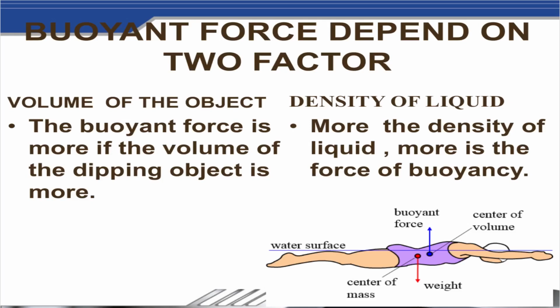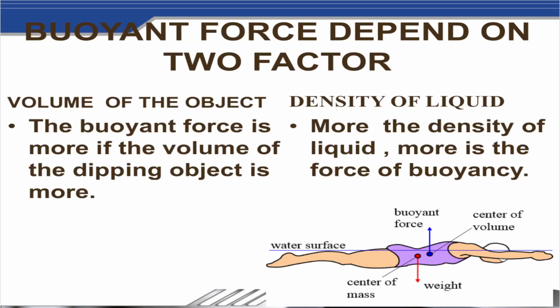So buoyant force is proportional to the density of the liquid. Hence, when the lemon is immersed in the water containing salt, the magnitude of the buoyant force acting on the lemon becomes greater than the magnitude of the weight of the lemon. Therefore, it floats in the water.